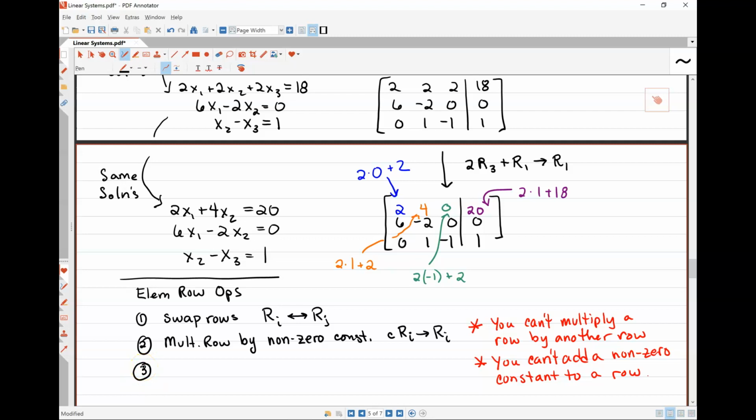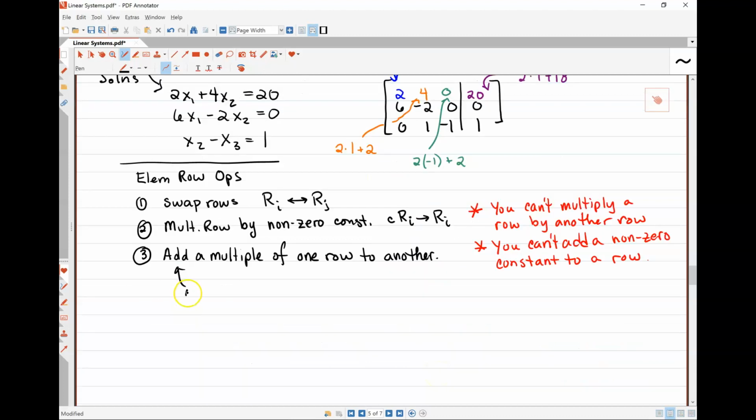And the last kind of row operation we could do is to add a multiple of one row to another. I'll add that you can subtract too. Subtracting is just adding the negative. So you can add or subtract a multiple of one row to another. And those are all we need to be ready for the Gauss-Jordan elimination that we're going to talk about next week.